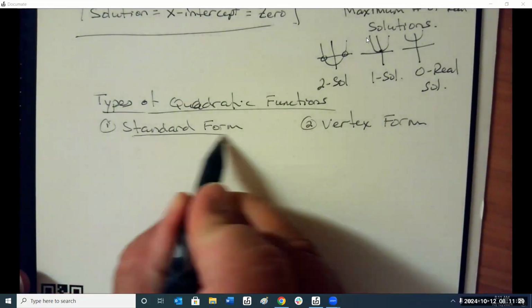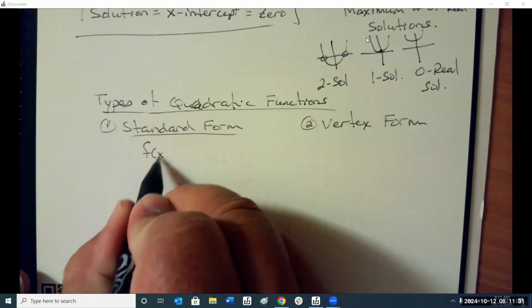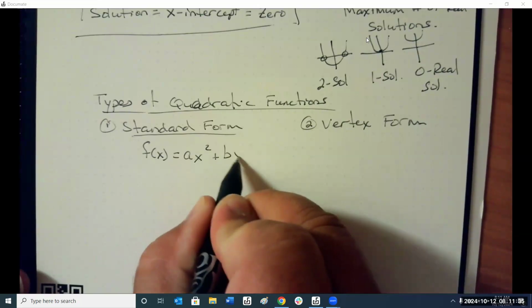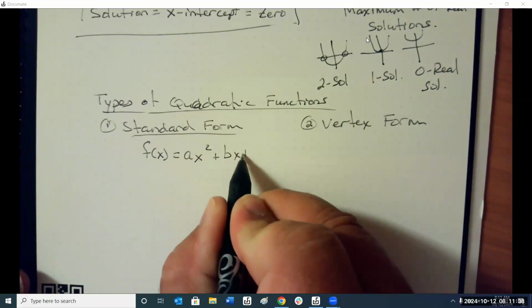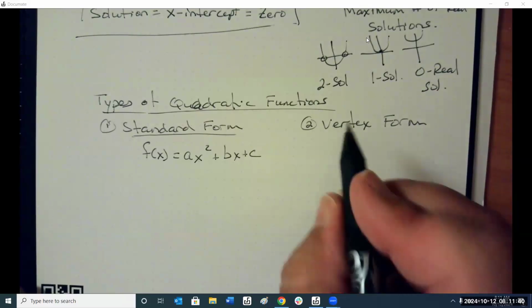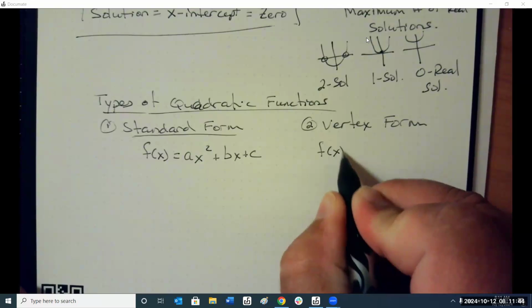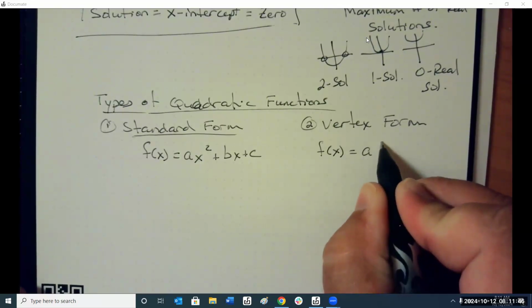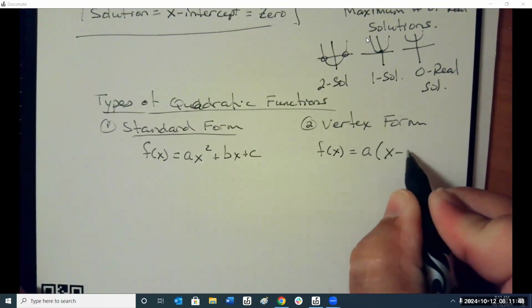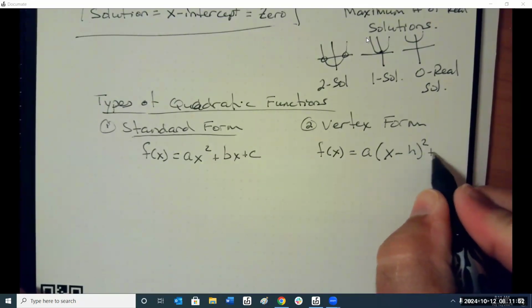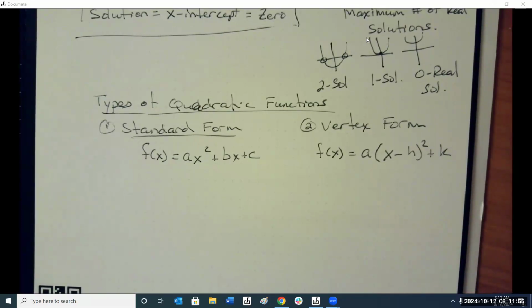Standard form is what we're used to, f of x equals ax squared plus bx plus c. The vertex form would look like this: f of x equals a times x minus h squared plus k. Remember h and k from when we deal with circles.